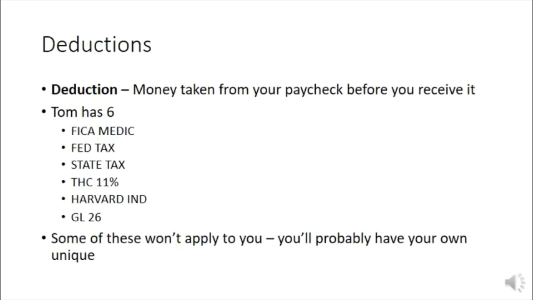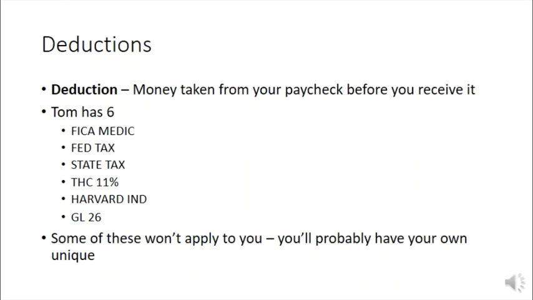But he's losing about a third of his paycheck each month to these deductions. I should also point out, year to date, Y to D, is over on this side, and just the monthly paycheck is over on this side.